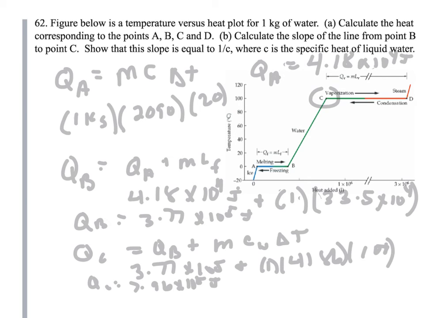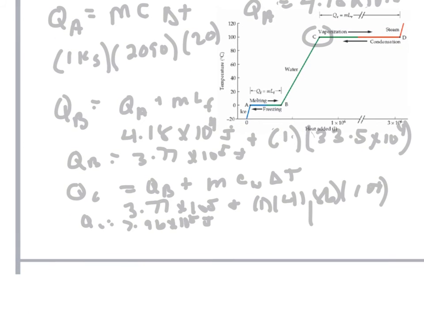And then when we add heat to boil off the water, you get at Q sub D, you wind up with 7.96 times 10 to the 5th.